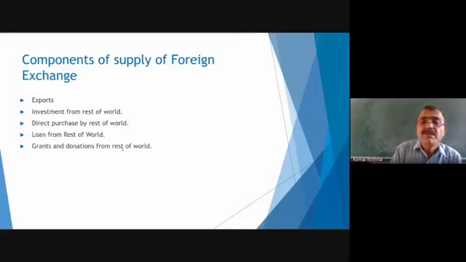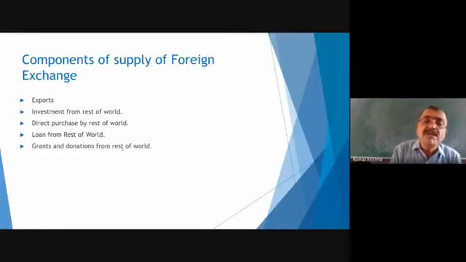Just to recap, today we have learned the meaning of foreign exchange rate, then how the foreign exchange rate is determined. We have learned that this is determined through the flexible exchange rate, or through supply and demand forces, or the market forces. And next we have also learned the fixed exchange rate, which is fixed by the government itself.